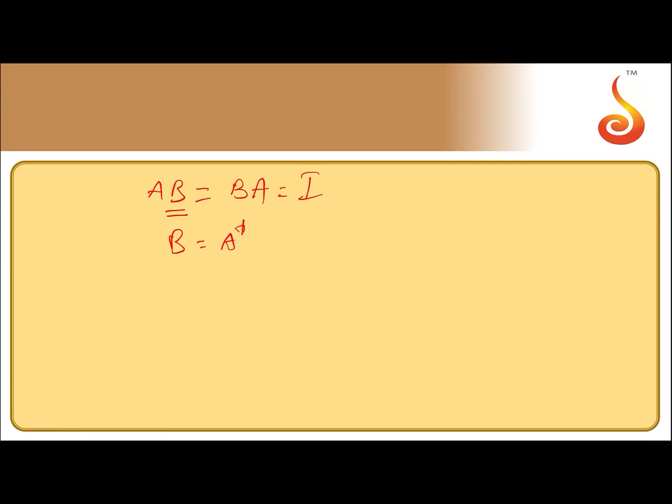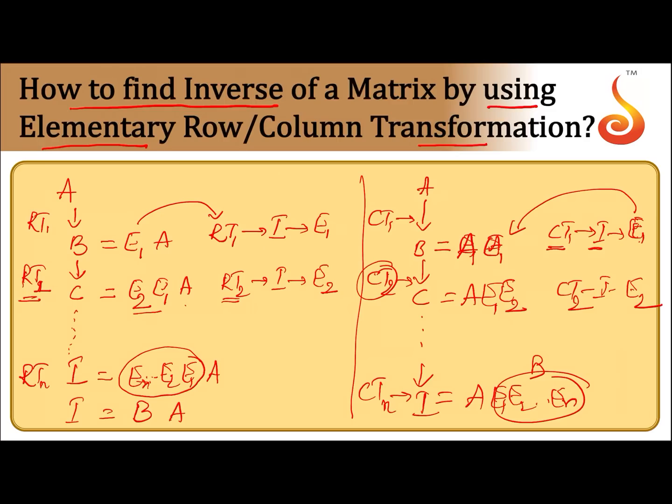Here the B matrix, the inverse, is obtained by applying only row transformations, and here you would get the inverse applying only column transformations.